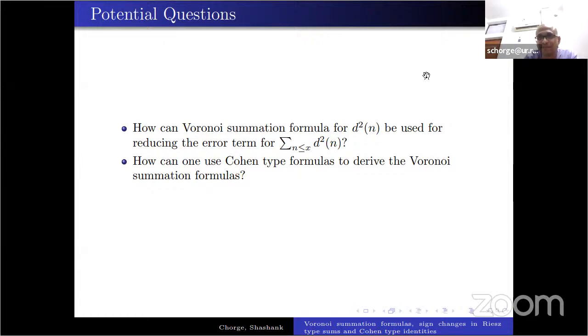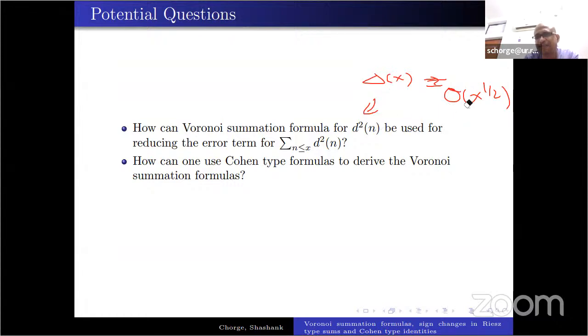Let me explain the error term for d square n. The current known error term is big O of x to the power half unconditionally, but it is conjectured, similar to the divisor function, that this should be smaller.